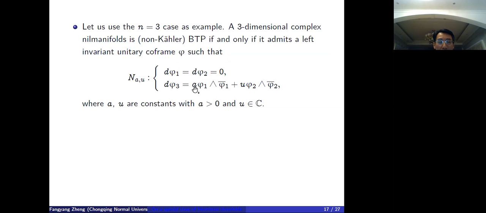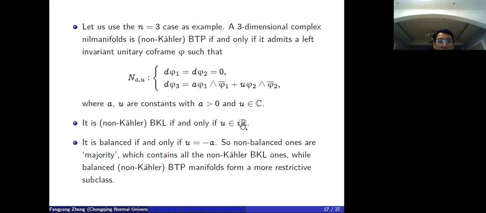You can normalize it so that the first leading coefficient A is positive, right? Then u can be any complex number. Now BKL means u is pure imaginary, under this normalization. Of course balanced is just one point, when the sum equals 0, so u is minus A, right?